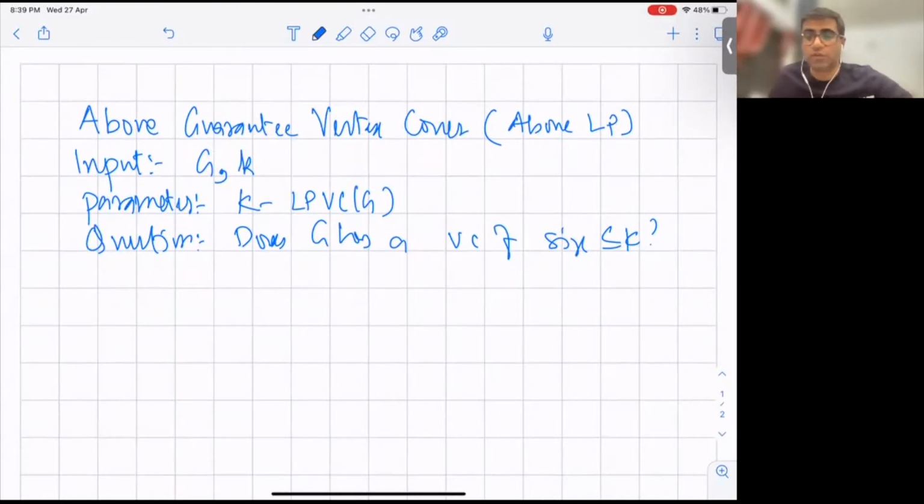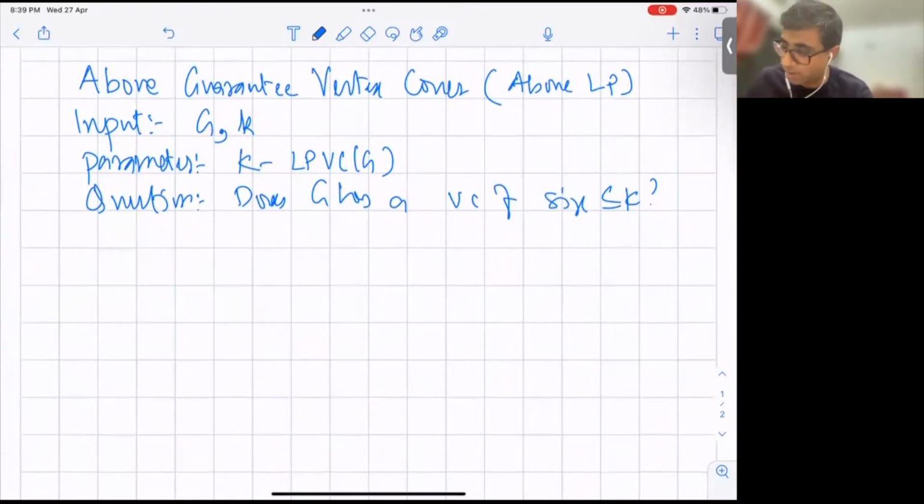So last time we discussed one potential algorithm, which was based on the following simple combinatorial fact. What was that lemma that we proved?